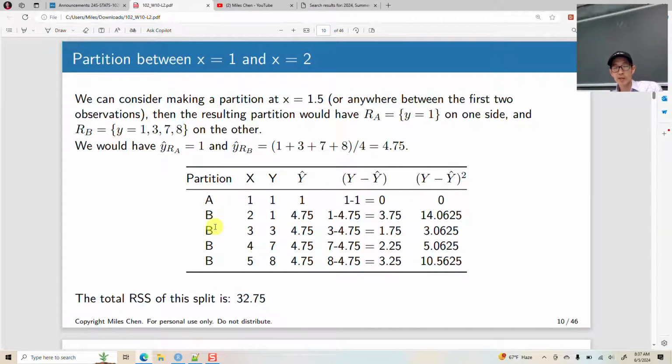If I split at x equals 1.5, then these four observations, 2, 3, 4, 5, are in bucket B. Those y values are 1, 3, 7, and 8, which gives a mean of 4.75. I calculate the residuals there, square them, and add them up, and the total squared residuals is 32.75. Again, we predict the same value for everybody in this bucket. Does that make sense?